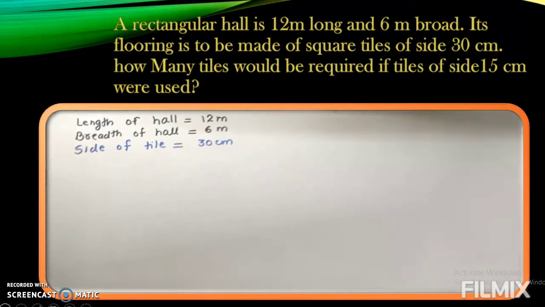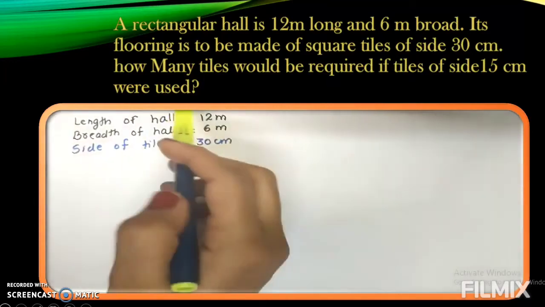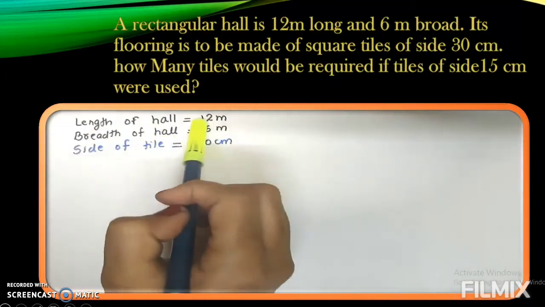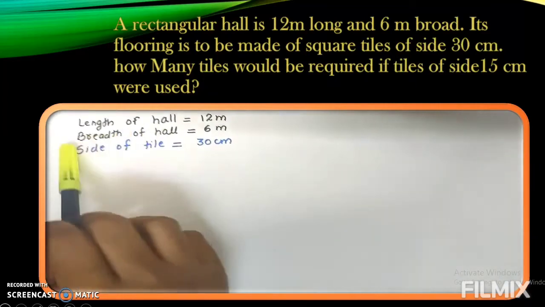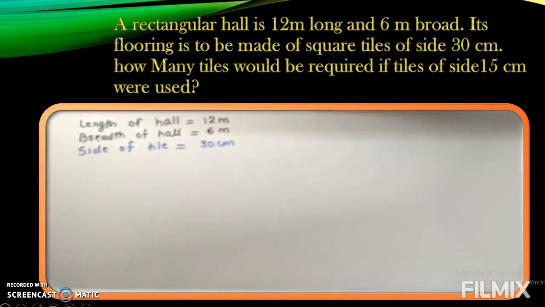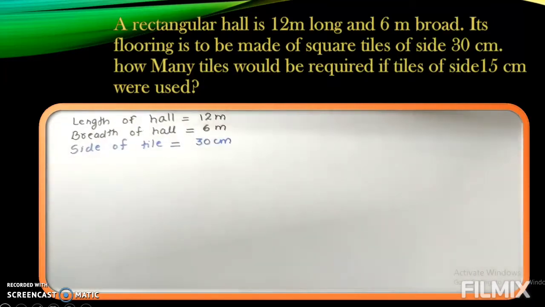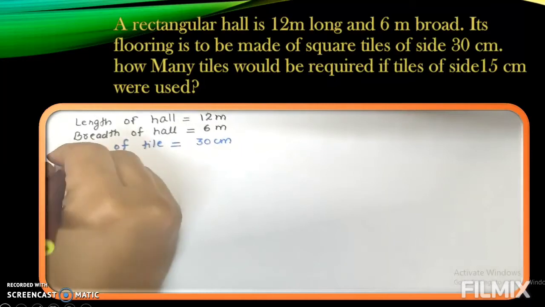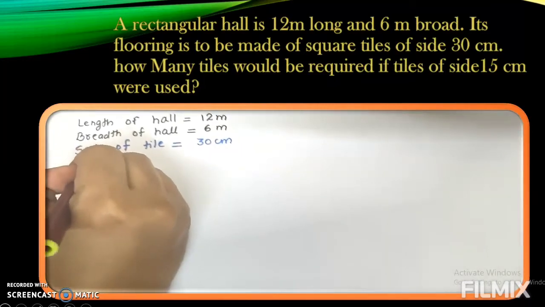So for calculating number of tiles what we will do? We will find out area of hall and we will find out area of tile. Then bigger area we will divide by smaller one. So bigger is hall. So in numerator we will write area of hall and in denominator we will write area of tile. Clear? So now we'll proceed our sum. Now what they are asking? Number of tiles. So we'll write number of tiles.